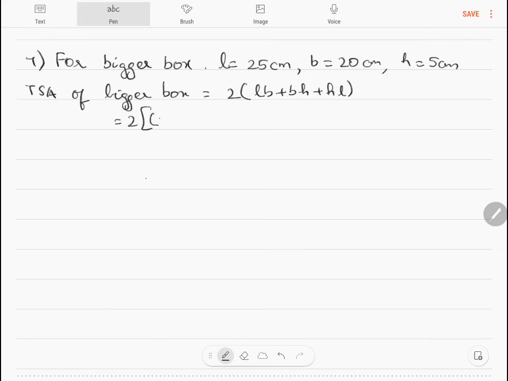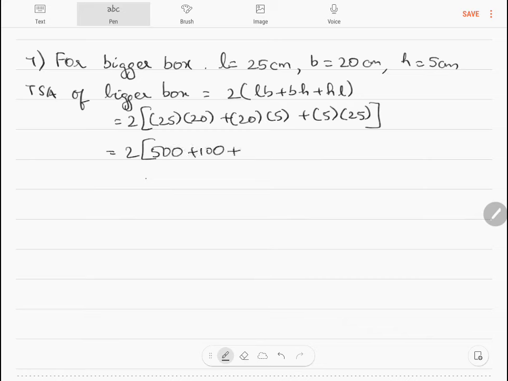Substituting the values, 25 into 20 plus 20 into 5 plus 5 into 25, 2 into (500 plus 100 plus 125), 1450 centimeter square is the total surface area.